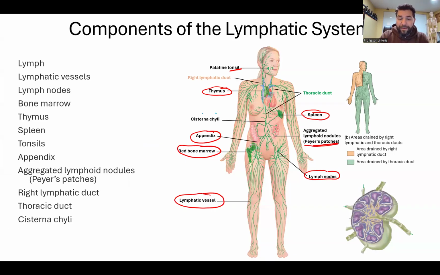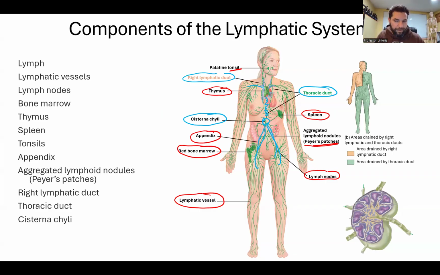And then we have the cisterna chyli, which is basically an area where all of this lymph from the lower body comes up and meets. You have a thoracic duct, which transports all that lymph from the lower body. And you have a right lymphatic duct that transports some stuff from your right side, kind of just that top quadrant.